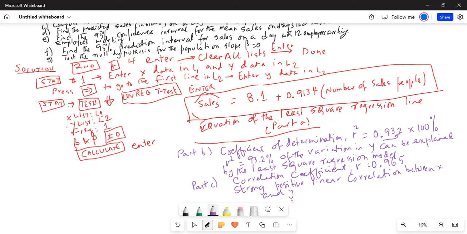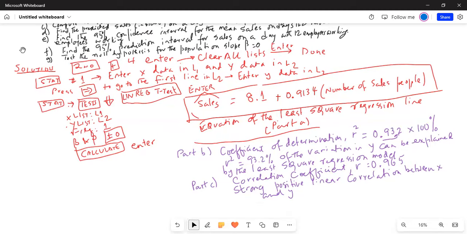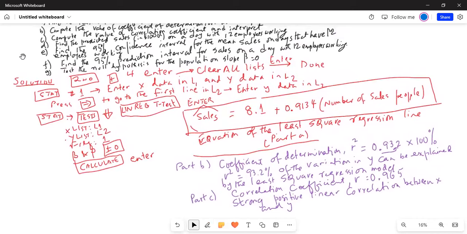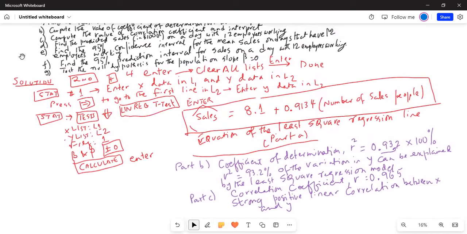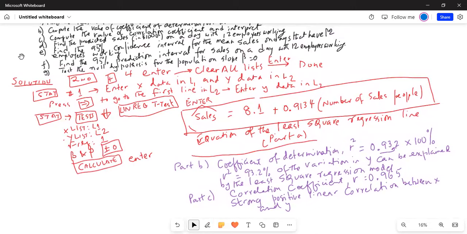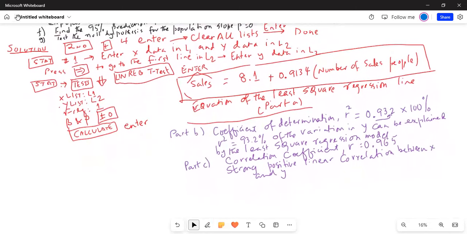So that's parts B and part C. Now if I move it a little bit up, it says in part D, find the predicted sales in thousands on a day with 12 employees working.